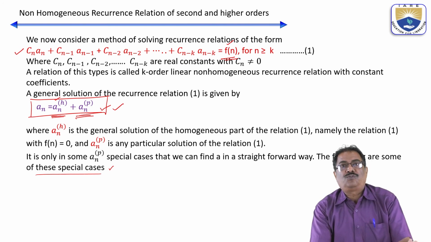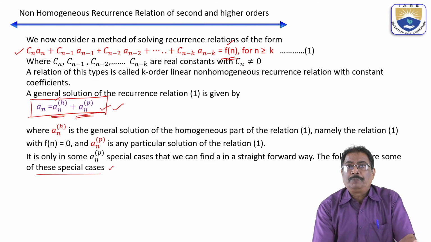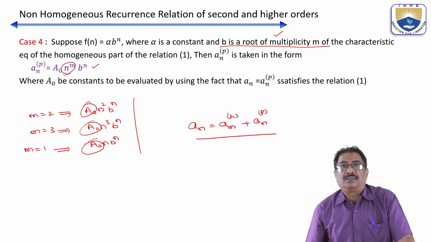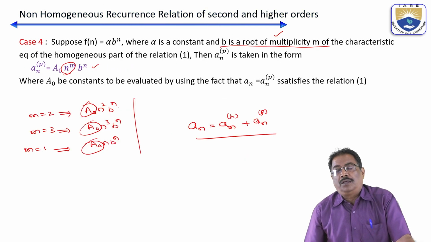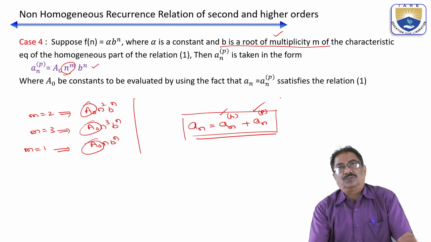Those 4 special cases we have to consider, and accordingly we find the appropriate constants. After finding the constants, we substitute those values in the assumed particular solution, then we get the particular solution. Then the general solution is nothing but the homogeneous and the particular solution.